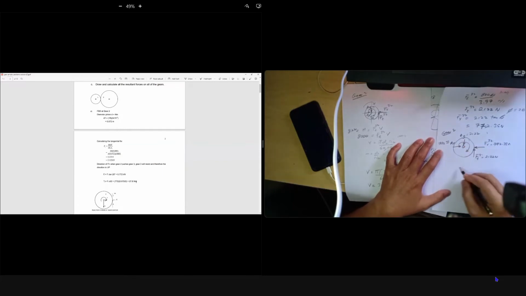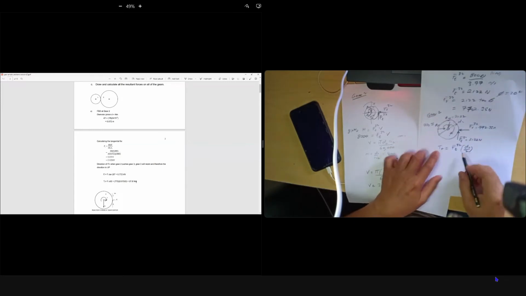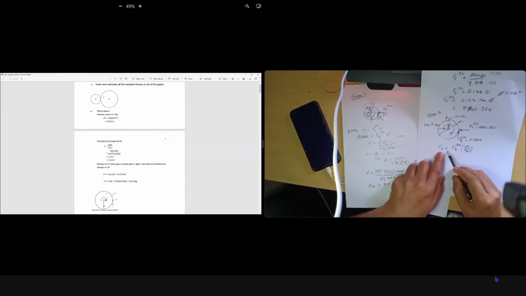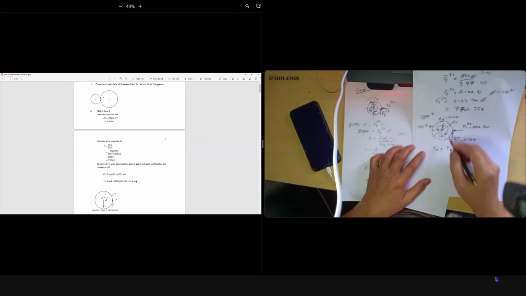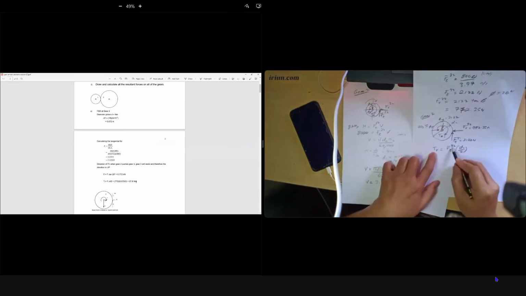Remember this produces counterclockwise, so we have clockwise torque A. Are you with me guys? Torque A is FT32 times the radius of gear 2.